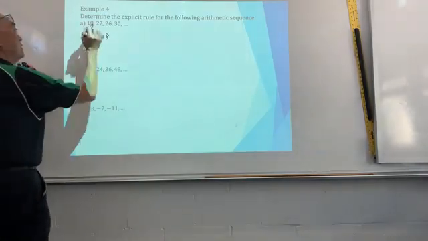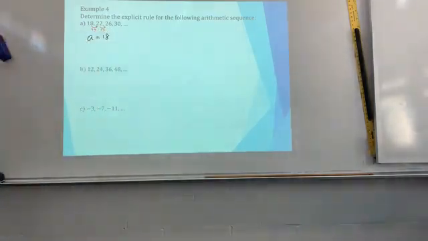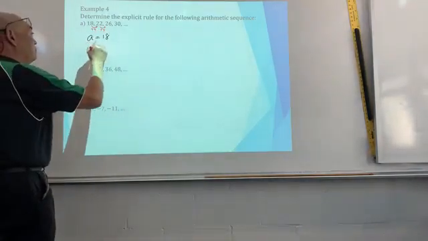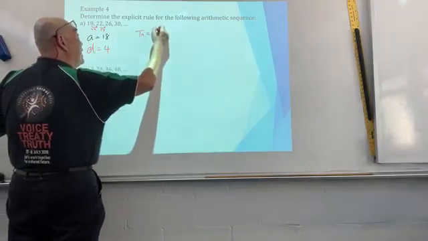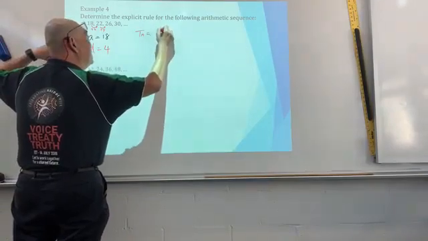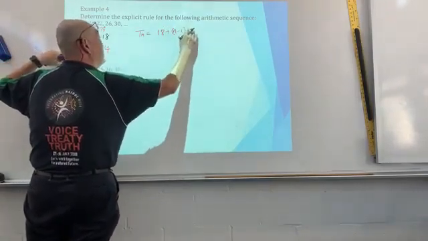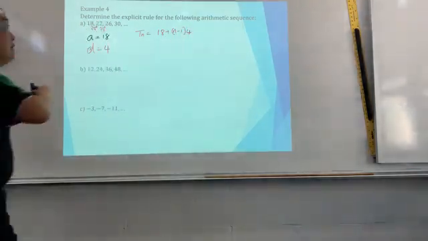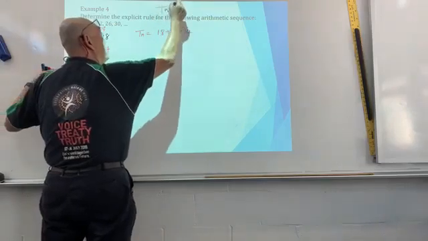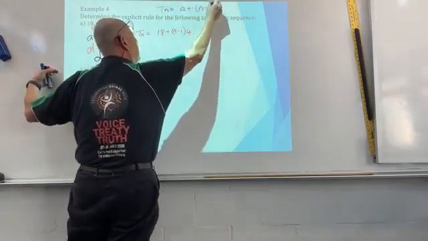The difference is plus 4. Yeah? So therefore, you know Tn is equal to A, which is 18, plus n minus 1 times d, which is 4. Alright? So remember, Tn equals A plus n minus 1 times d.